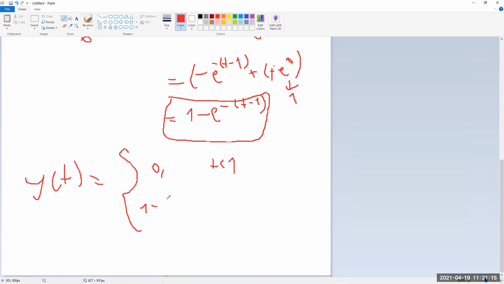It's 1 minus e to the power of minus (t minus 1) for t greater than or equal to 1. It's this part. Is there any question?